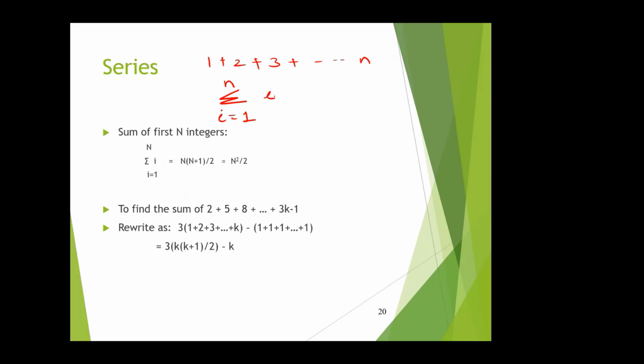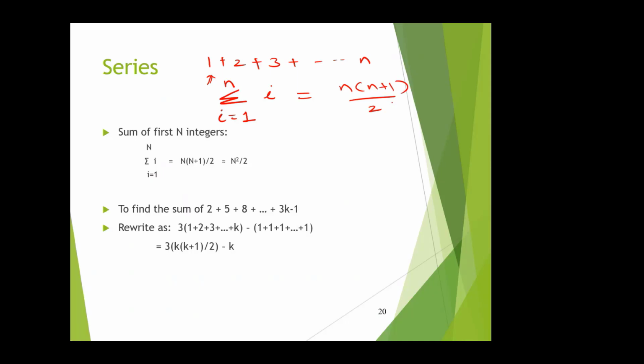And here we are going to write i. So every time it will go from 1 up to n. So it will eventually be giving us the same equation, and that is nothing but n into n plus 1 by 2.